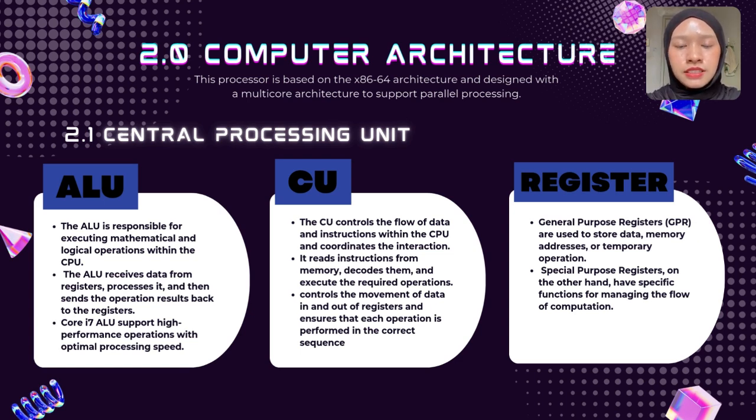Special purpose registers are RIP, for the next instruction address, IR for the current instruction, RSP as the stack pointer, and RFLAGS for flags, plus XMM or YMM for SIMD, and RSI or RDI for quick memory access, making Core i7 ideal for high performance applications.